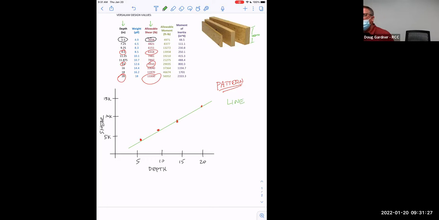Do you agree with that? In other words, this pattern seems to be really good. These points are not scattered randomly everywhere. So if you're trying to show a relationship between things, is there a direct relationship between depth and shear? It appears that yes is the answer to that question. It's really closely related.